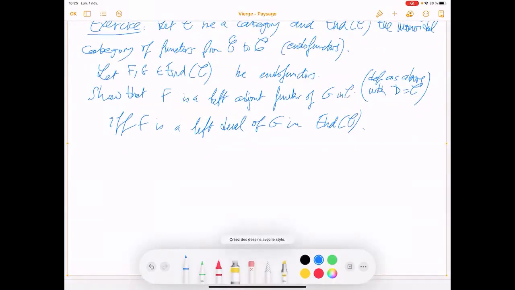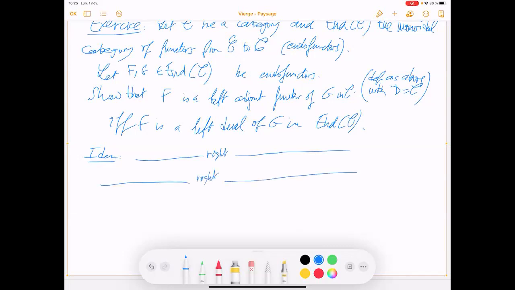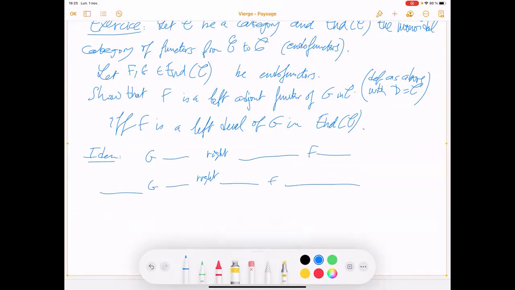And of course, likewise, G is the right adjoint of F if and only if G is the right dual of F in End(C).